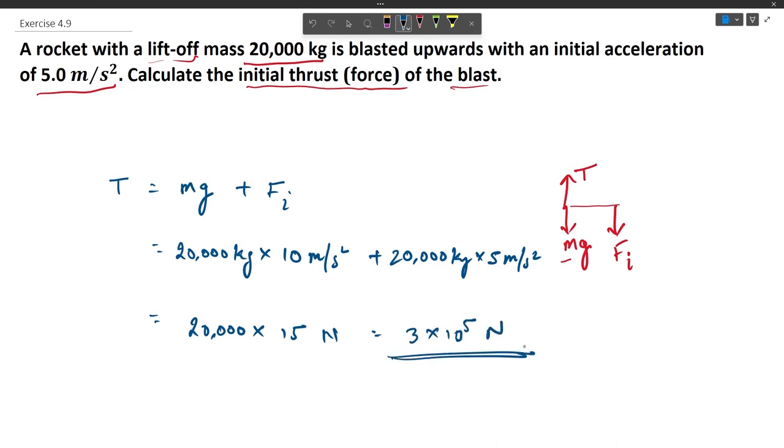So thrust should be equal to 3 multiplied by 10 to the power 5 Newton, which will be required to lift the rocket of 20,000 kilogram with an initial acceleration of 5 meter per second square. Thank you.